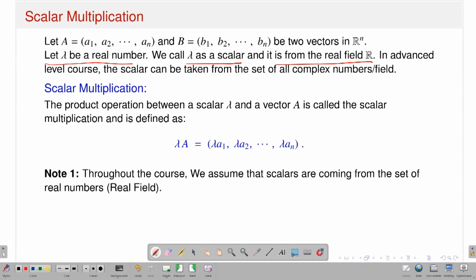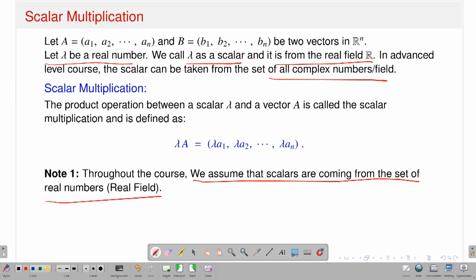In an advanced level course, one can take these scalars also from the set of all complex numbers, the complex field. But in this course, we assume that the scalars come from the set of all real numbers, that is, the real field.